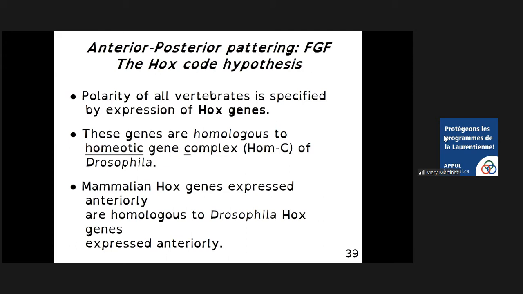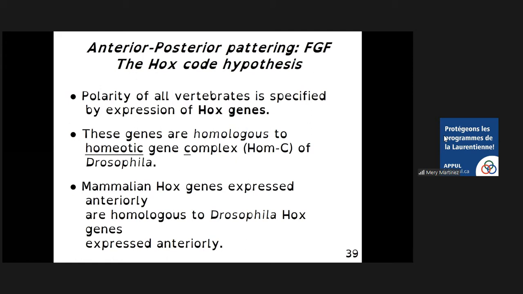So these genes, because of that reason, are said to be homeotic genes. So there is the HOM-C that we see in Drosophila. The HOM-C genes are arranged in the same general order as the expression pattern along that anterior-posterior axis. And this is the same way in flies as we will be seeing in mammals.